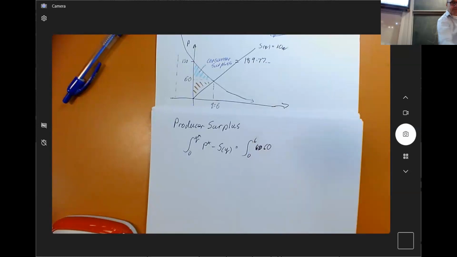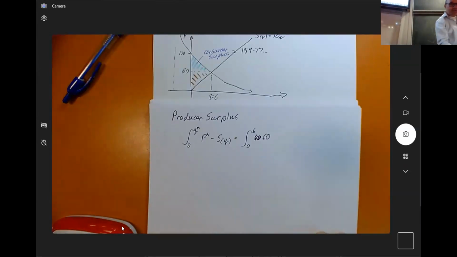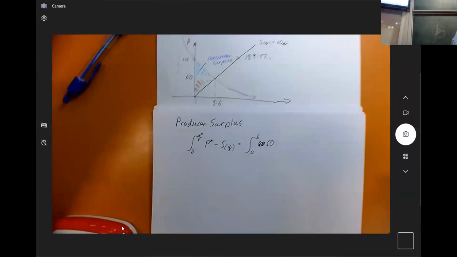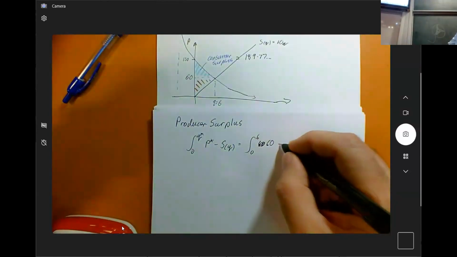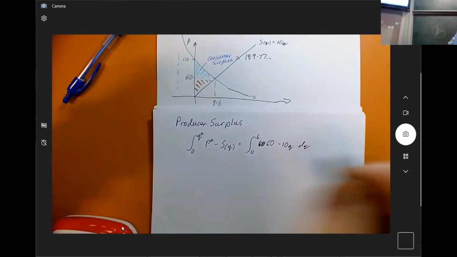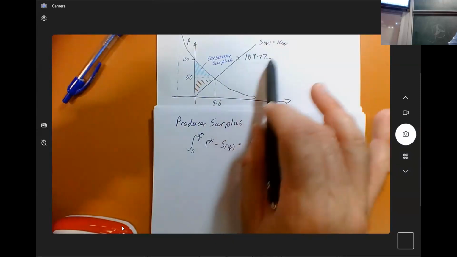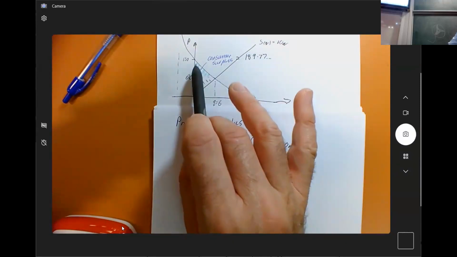Okay, let's go back to the thing. Got my picture, got my thing going. So this one, and then minus 10 Q. I got a positive value here, and it should be a positive value if I've done it right.